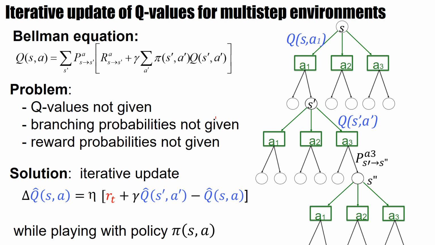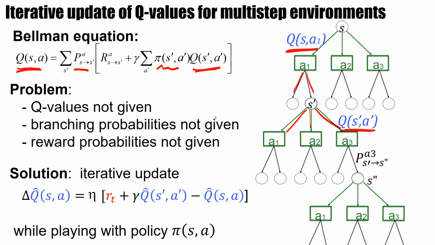So we have the Bellman equation that links the Q value up here, which is on the left-hand side, with the Q values one step down. And this is an exact equation. It depends on the two branching ratios. One of the branching ratios is given by the policy, and the other branching ratio is given by the intrinsic stochasticity of the environment.